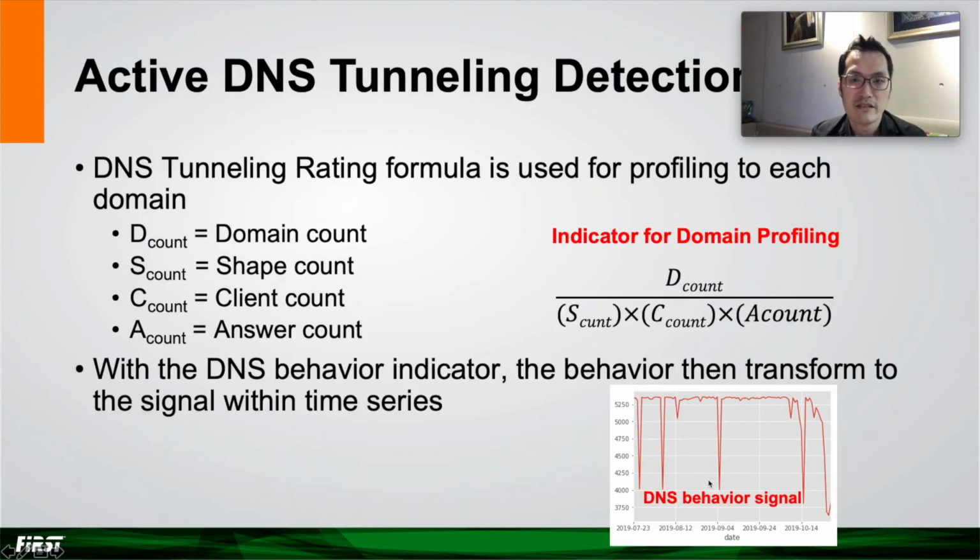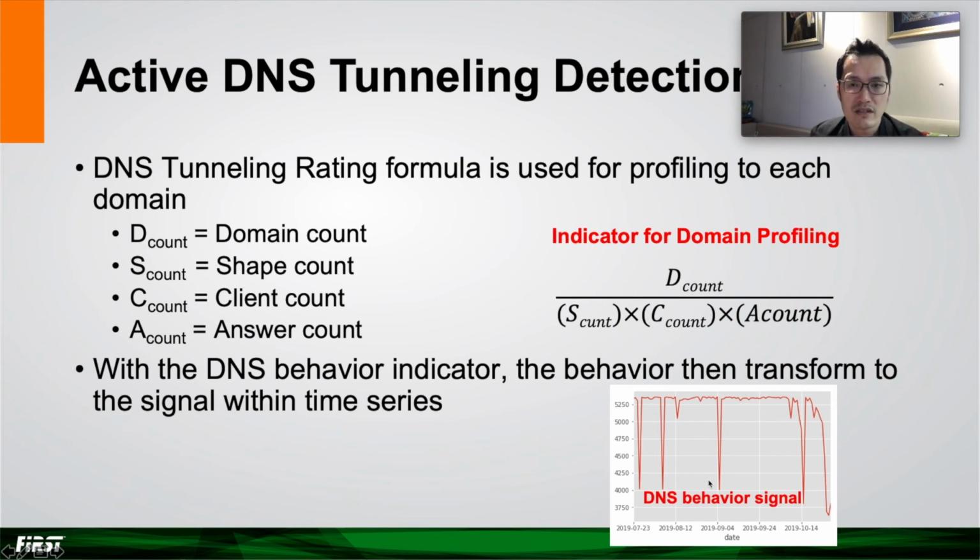To adapt the data to the outlier detection method, first, we developed a domain indicator. The features of the domain count, shape count, client count, and answer count from the previous classification are also used here to construct the indicator.